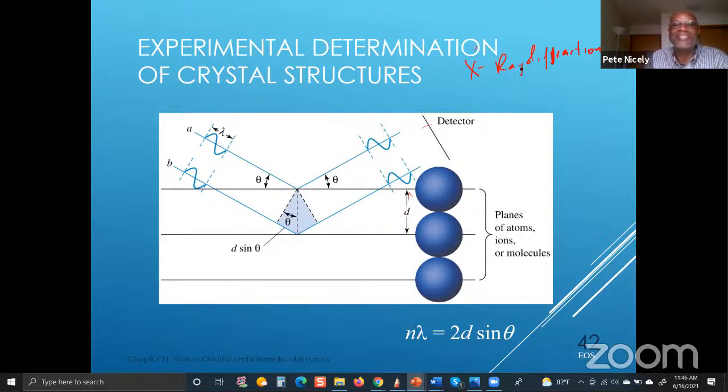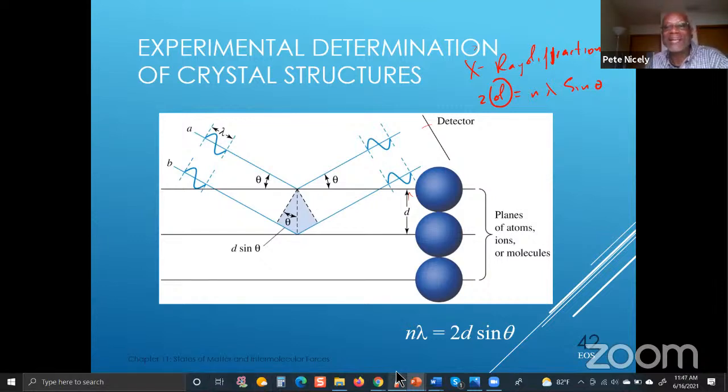I won't go through all the details. I think there's an equation, 2D equals n lambda sine theta, if I remember correctly. Based on this equation, you can find D, which is the distance between the nuclei of the different ions in this crystal structure.